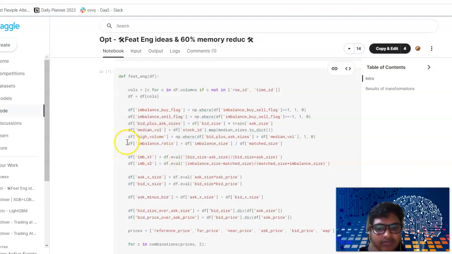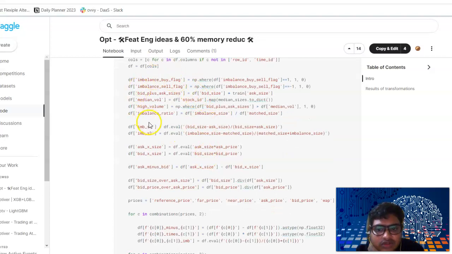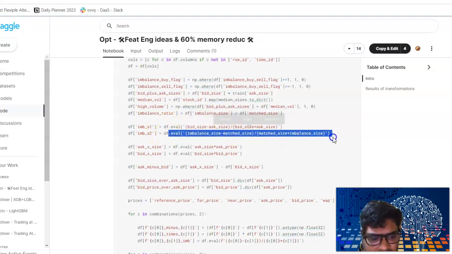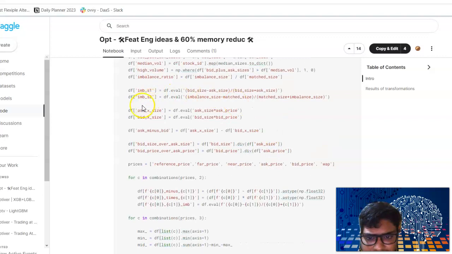We'll find an imbalance ratio, which will be the ratio of imbalance size and matched size. Next he found out two columns, bid size plus ask size and bid size minus ask size. I do not know much about this; it is another ratio that he has found out.